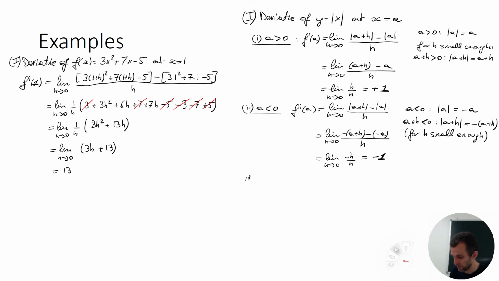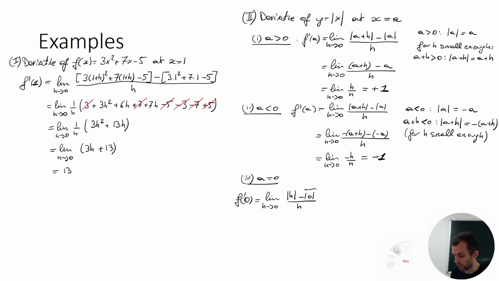And then the last case, a equal to 0, we get f prime 0 equal to limit h going to 0, absolute value of h minus absolute value of 0 divided by h.